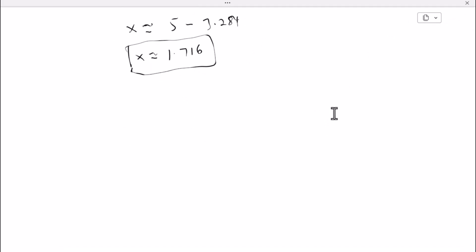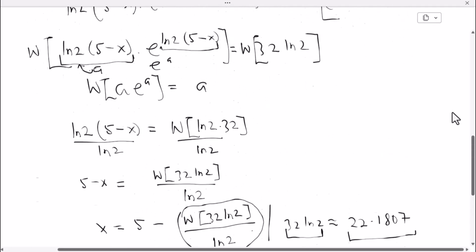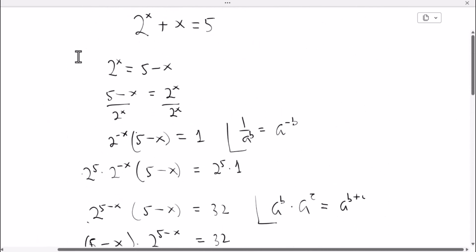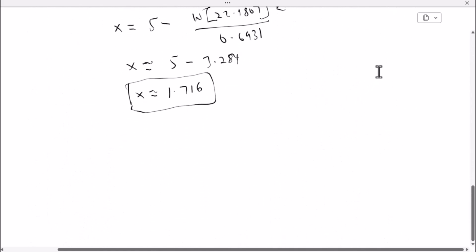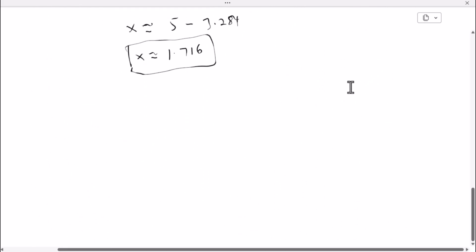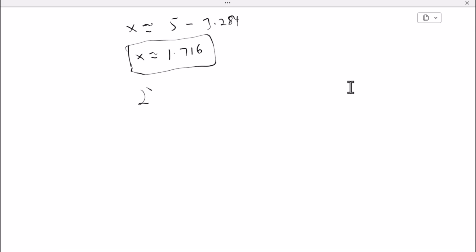So the expression was 2 to the power x plus x equals 5. But our x is 1.716. So we are going to have 2 to the power 1.716 plus 1.716.